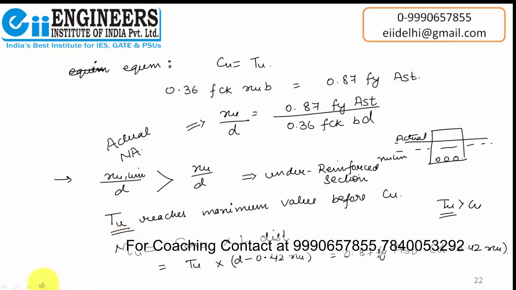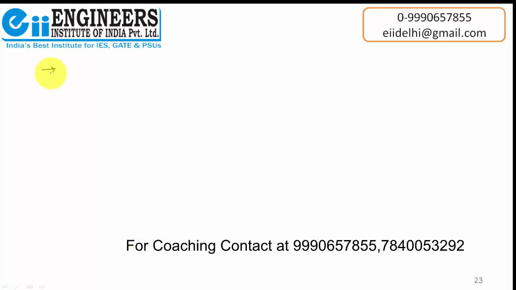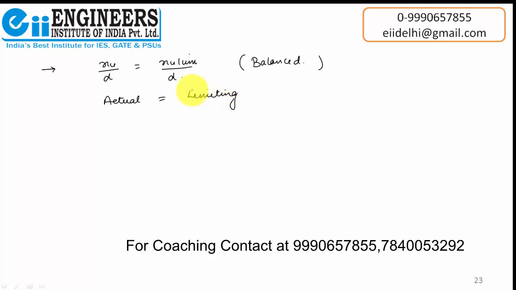Now, next, what will happen if these two values are equal? XU by d is equal to XU limiting by d. Then our section will be balanced. In this case, the actual neutral axis depth and the limiting neutral axis are at the same position.